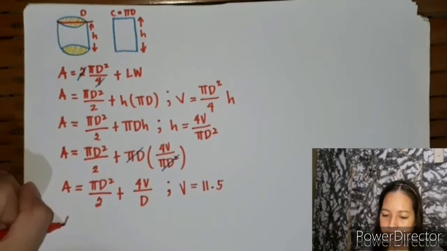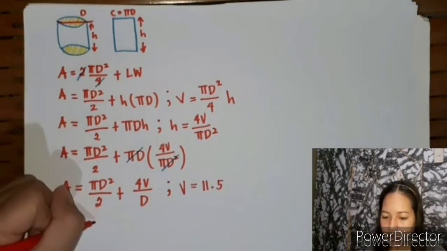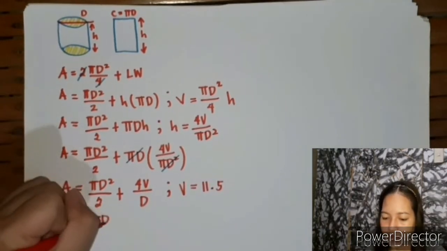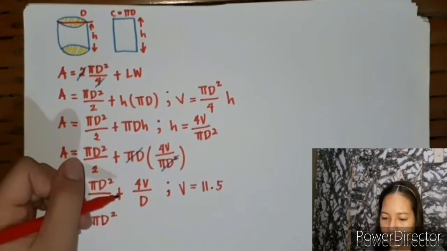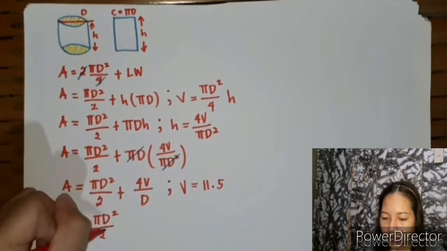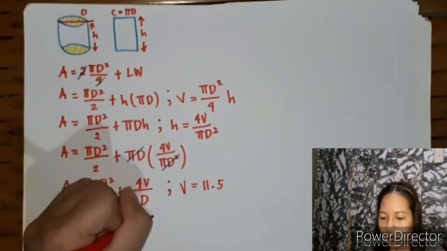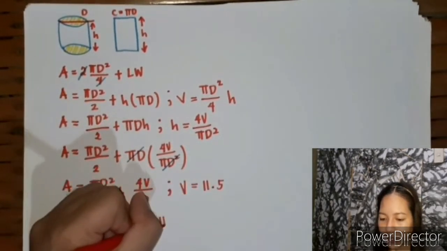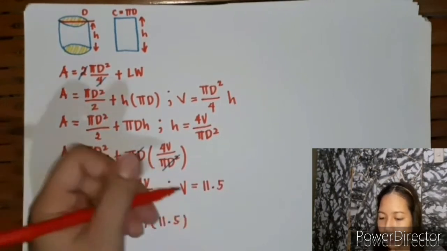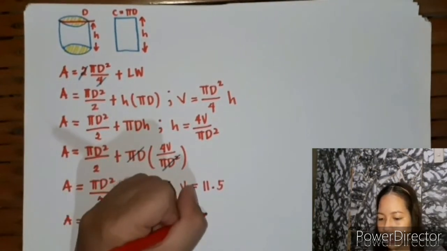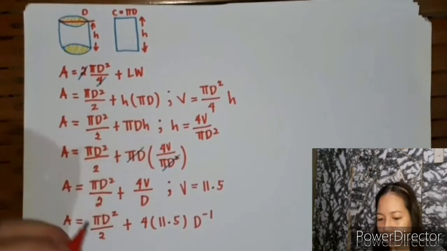And it will become now area is equals to pi d squared all over 2 plus 4 times our value of v, which is 11.5 times d raised to negative 1.